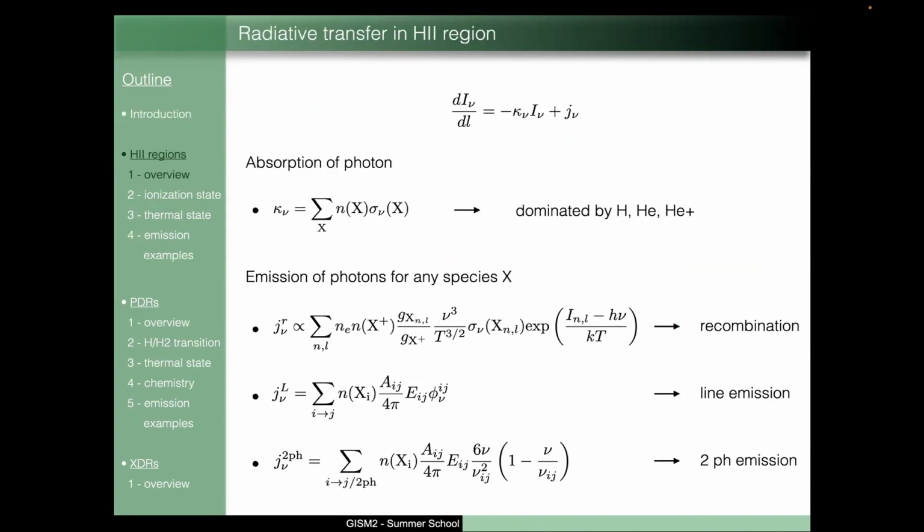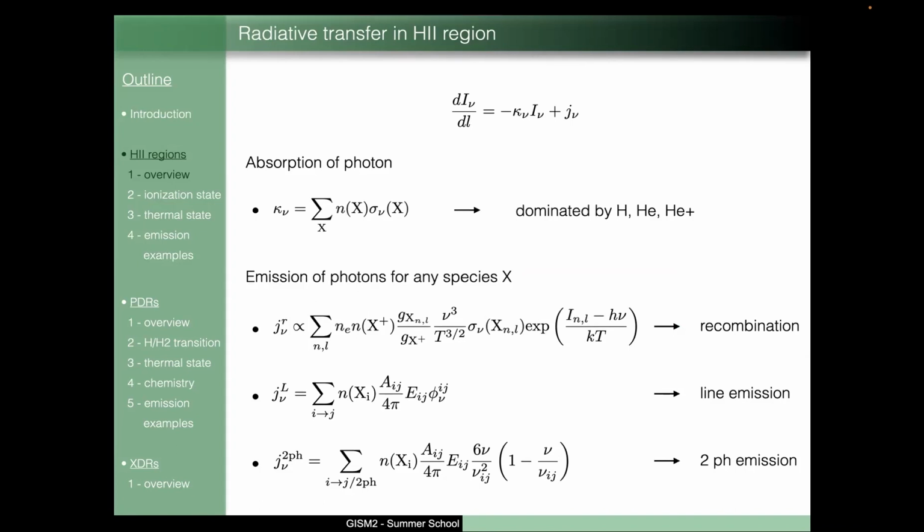What about the emission of photoionizing photons? This is what you are asking. It's based on these three equations. But look, in these three equations, what we have is the density of the species that will recombine, for instance, and the cross-section of ionization. So for the same reason that absorption of photons is dominated by these species, emission of ionizing photons is also dominated by these species.